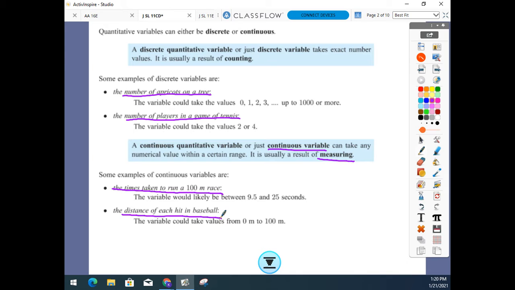If we talked about how tall everybody is in the school, you wouldn't list everybody's exact height. You'd say, oh, there's this many people between 5 foot and 5'3", and 5'3" and 5'6", something like that. So continuous is always like in between a range of values.